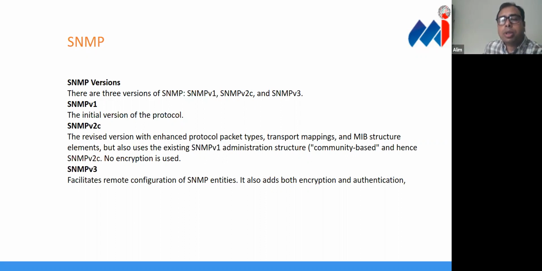Some sort of password protection, and you can create it for a specific user also. And you also have encryption, which means you have encrypted traffic, so no one can see what is transferred between the managed device and the SNMP manager.